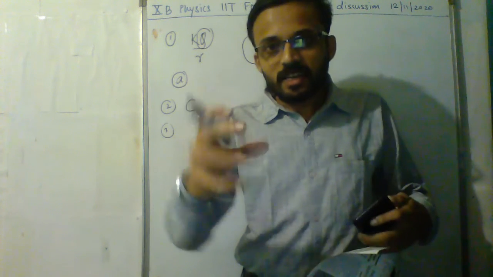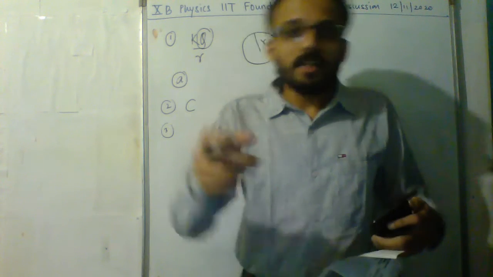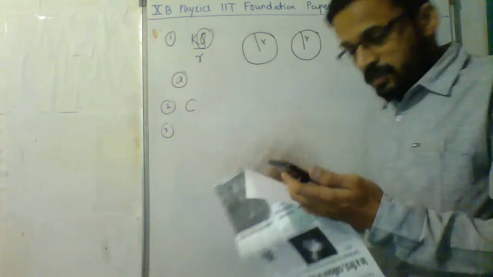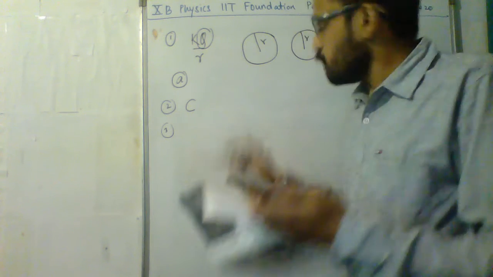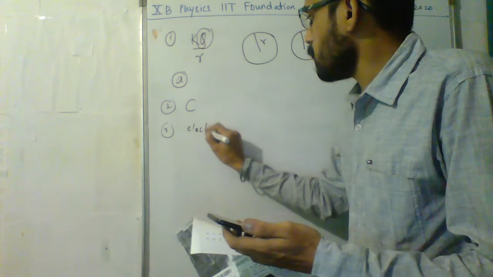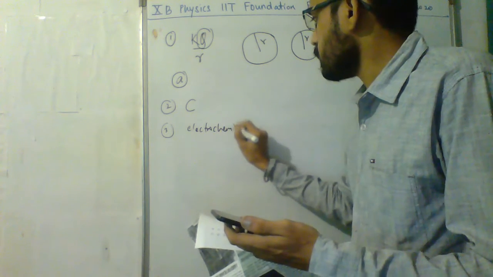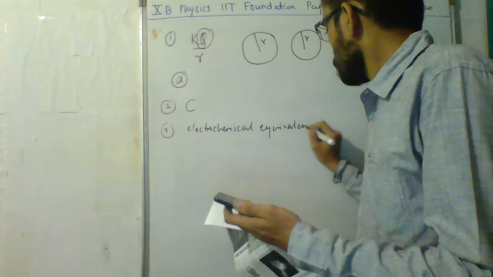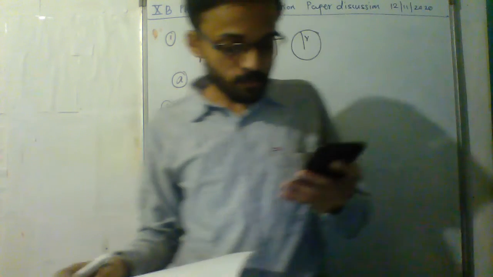We are using the electrolyte, electrodes, and then getting the current, the chemical effect of electric current. That is called the electrochemical equivalent. So I think the option will be B.